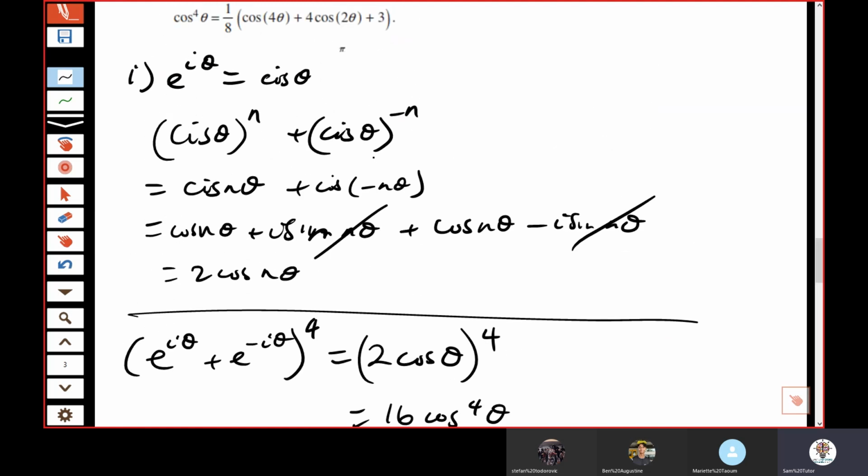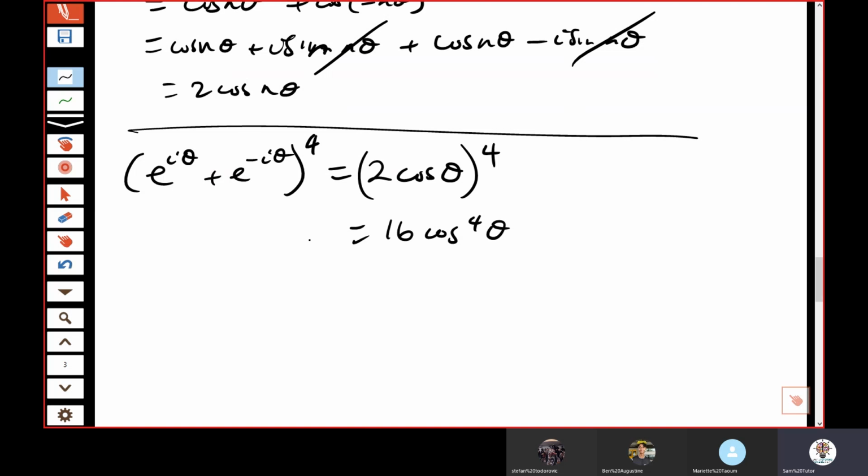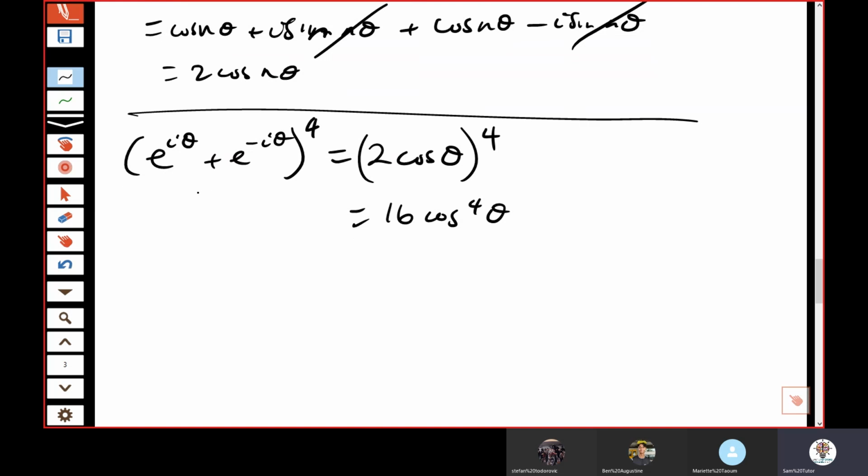Let's go look up again. cos^4 θ, exactly what I want. Then it's saying these ones are going to be multiple thetas. We'll see in a sec. This side we're going to expand using binomial. So it's going to look like this. e^(4iθ) plus 4e^(3iθ)e^(-iθ) plus 6.